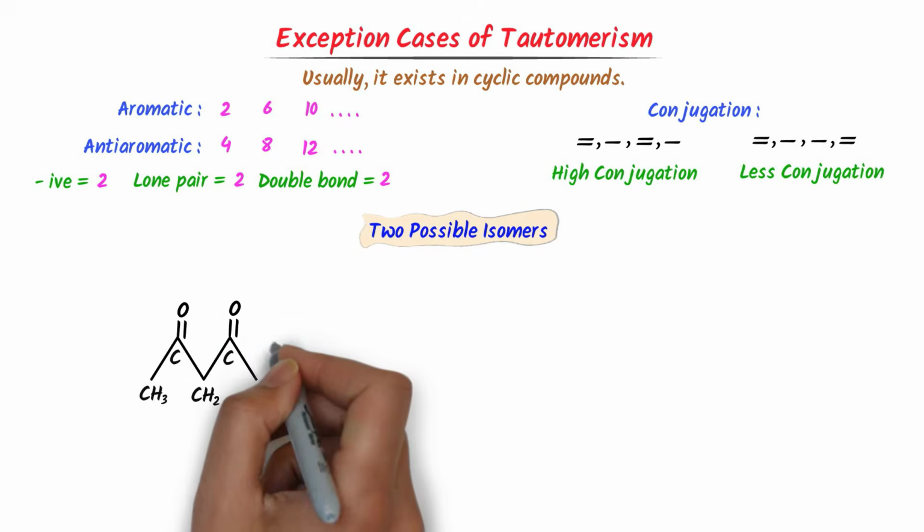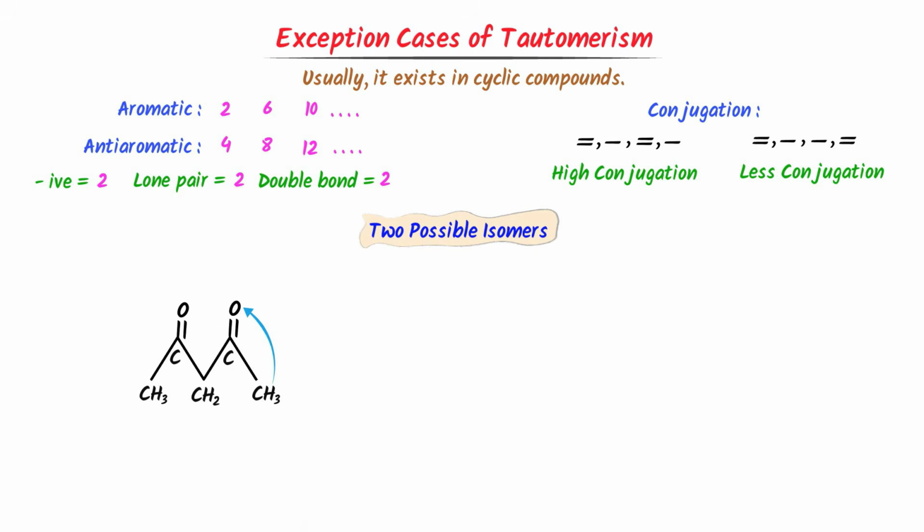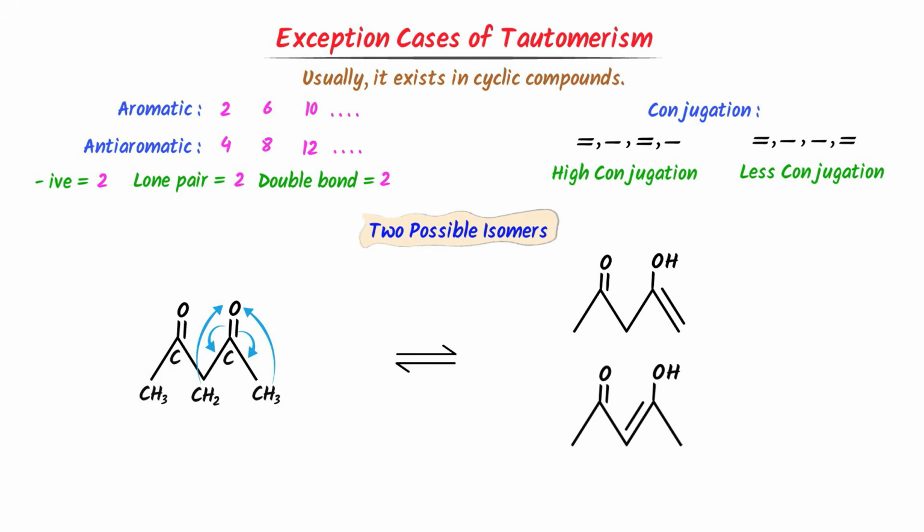Let this CH3 give its hydrogen to this oxygen. The double bond will shift here. I get this compound. Secondly, let this CH2 give its hydrogen to this oxygen. This double bond shifts here. I get this compound. Now listen carefully.